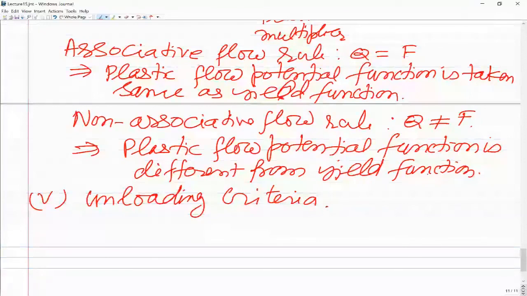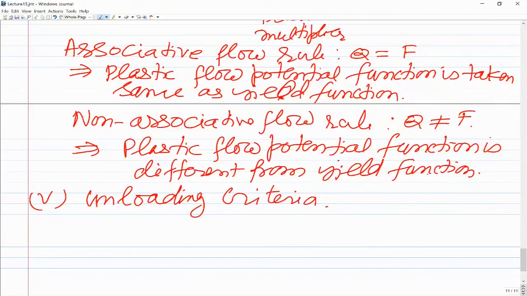If you look at the yield stress in isotropic hardening, yield stress could be a function of plastic strain itself, either a linear or nonlinear function of plastic strain. And where dynamic problems are there, rate dependent plasticity, the yield stress could also be a function of the rate of plastic strain.